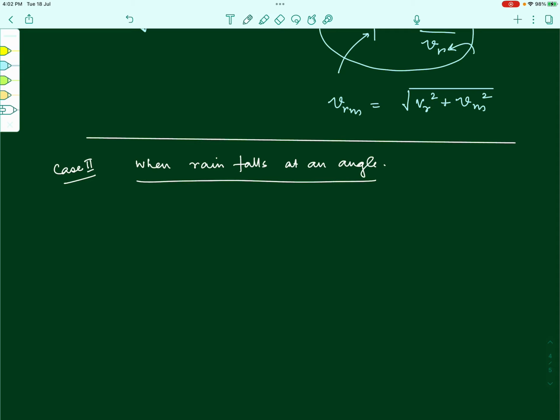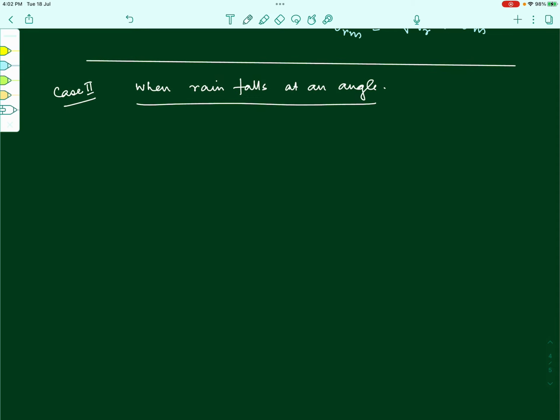So the scenario looks like this now. This is the vertical direction, okay, and this time the rain is falling like this at an angle. Let us say this angle that the rain's direction makes with the vertical is theta, and the rain is falling with a speed Vr. So this is the velocity vector Vr, right?